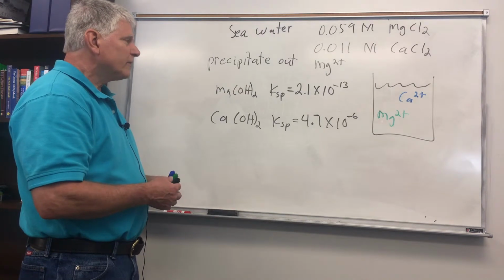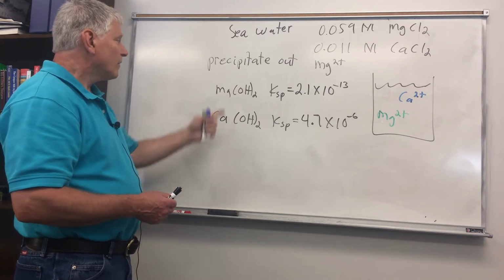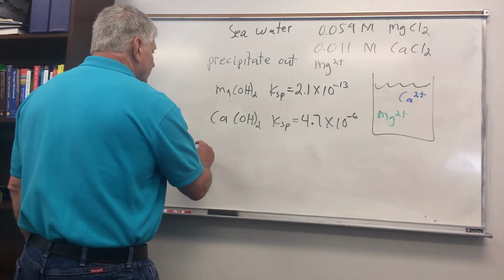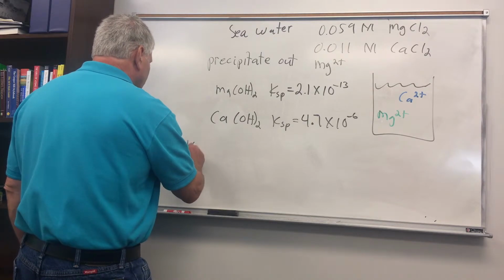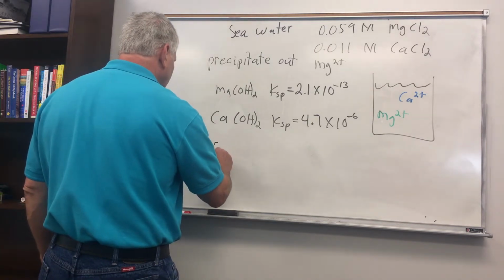And we want to find out what concentration of hydroxide ion will start precipitating out magnesium. Well, we can just look at the equilibrium expression for magnesium hydroxide.